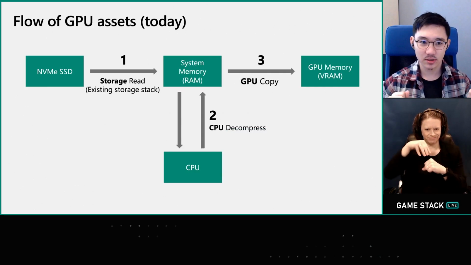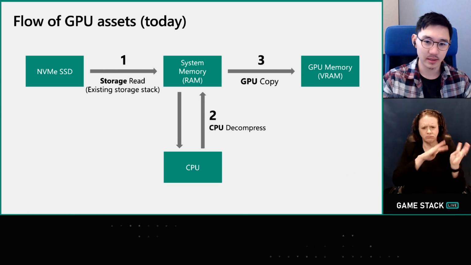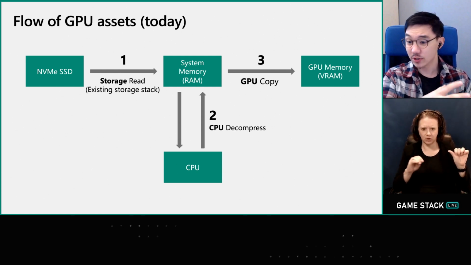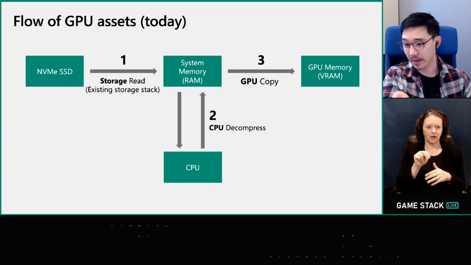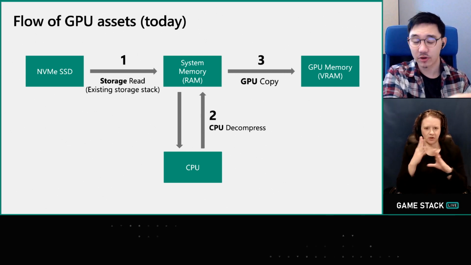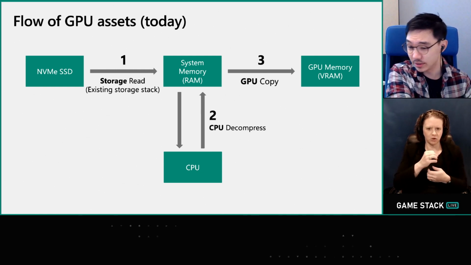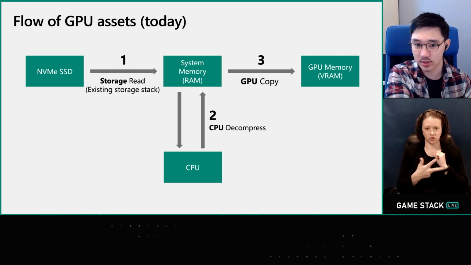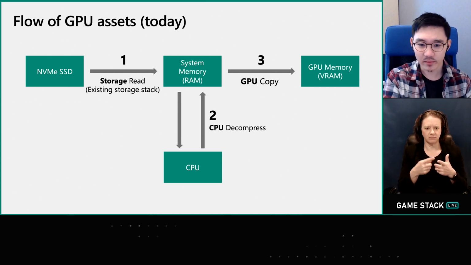And so let's take a look at the flow of the GPU assets today. You know, what does it look like from point A to point B to point C? First, data, of course, starts on the NVMe SSD. The user had downloaded their game. The game package is on their drive. First thing we need to do is to get that data off of the disk. And so we have a storage read using the existing Windows Storage Stack. You get it into system memory. That's RAM.